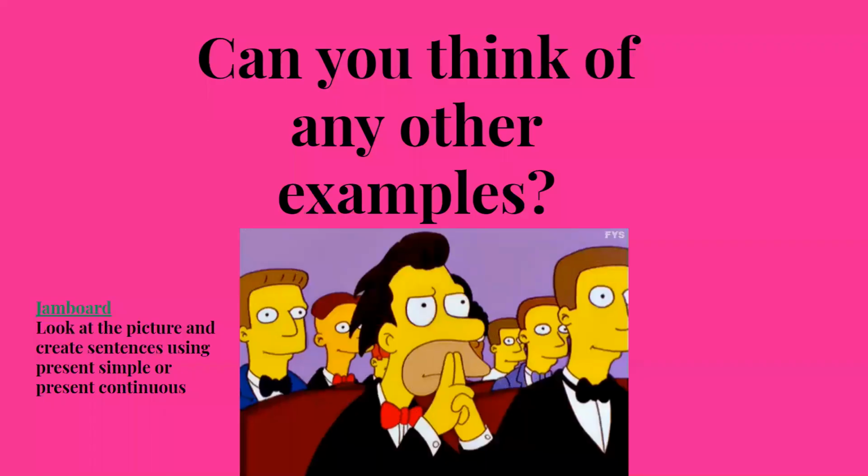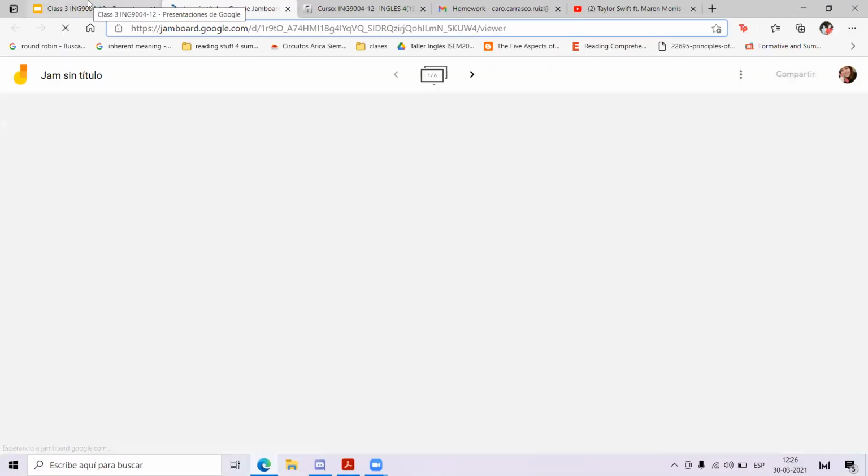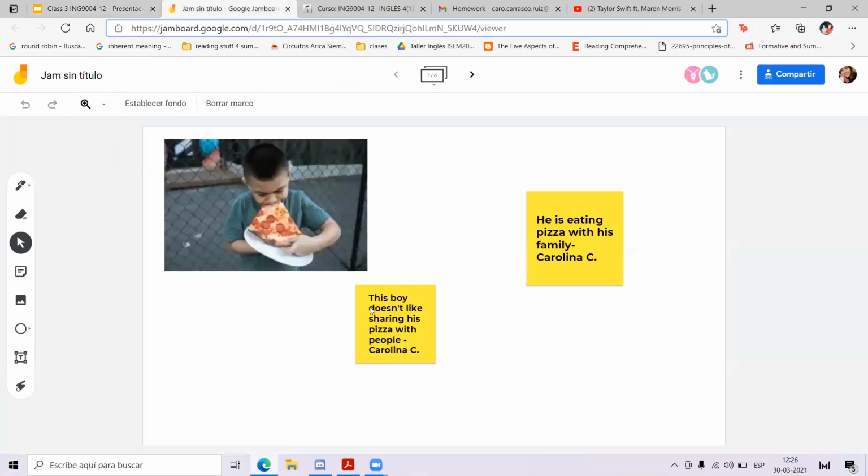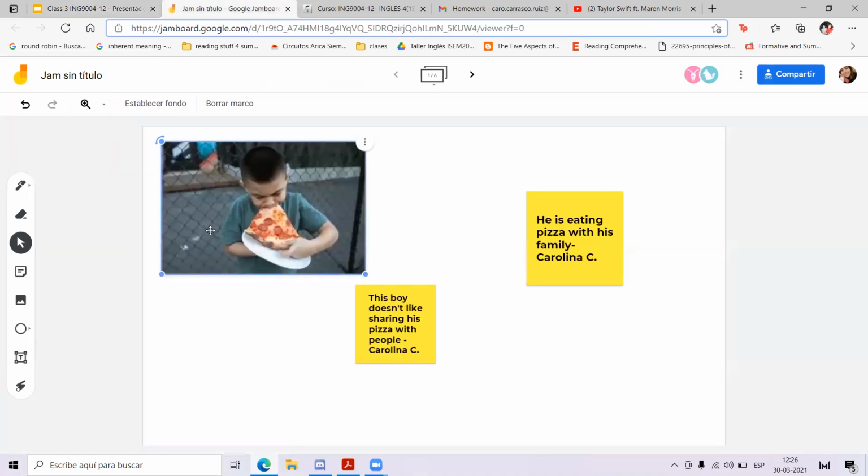Okay, so here we have an activity, a Jamboard activity. In this case, you have to look at the pictures that I have in the Jamboard and try to create sentences using present simple or present continuous. For instance, here we have a boy eating pizza.